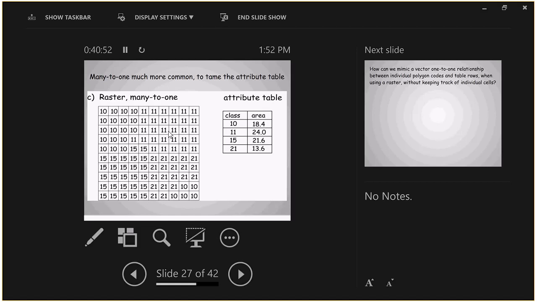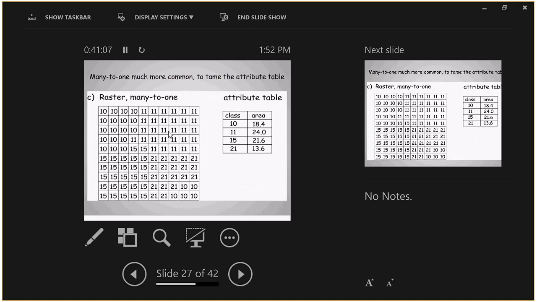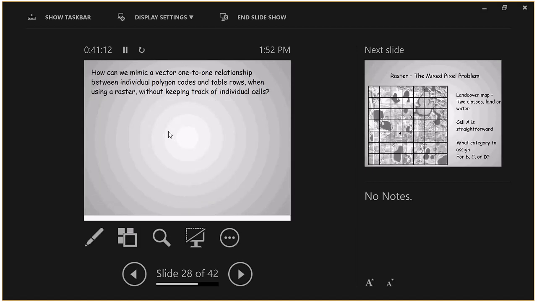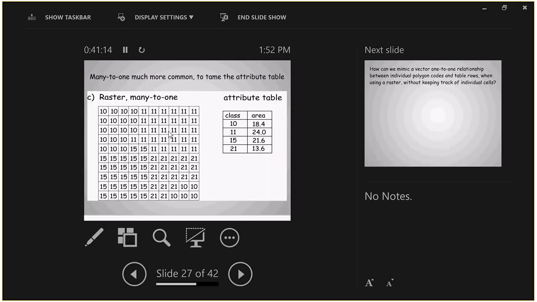So therefore, a lot of the time, something like counties or buildings, things that have a distinct boundary are often better represented in the vector data model, whereas things that are continuous, like elevation, precipitation, things like that, sea surface temperature, I already said temperature, so sea surface temperature is not much different.